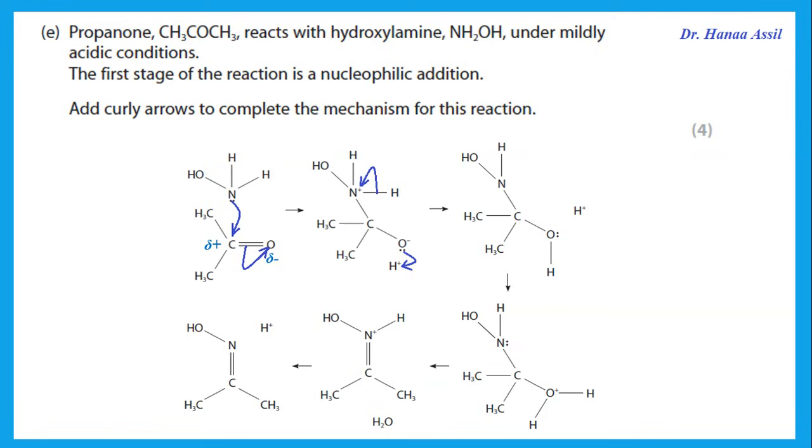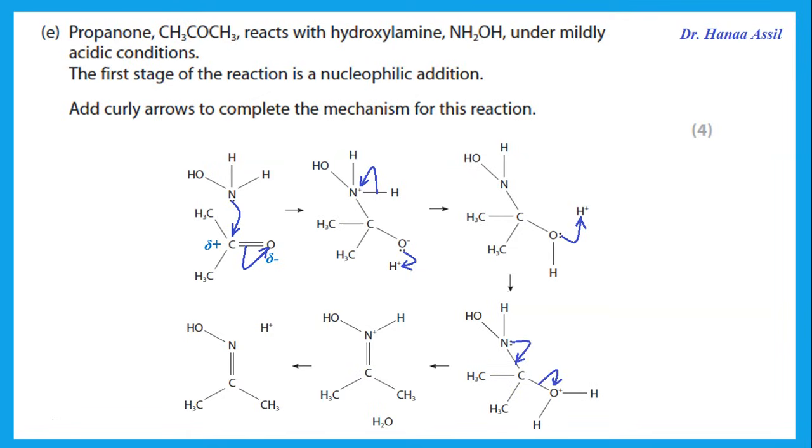So we're going to use the electrons to one of the hydrogens to change the positively charged nitrogen into a neutral nitrogen, and the lone pair of electrons on the oxygen will pick up an H+ to form the alcohol. Then we want to remove this water, so we're going to use the lone pair of electrons on the oxygen to form an O+ that has 3 bonds.